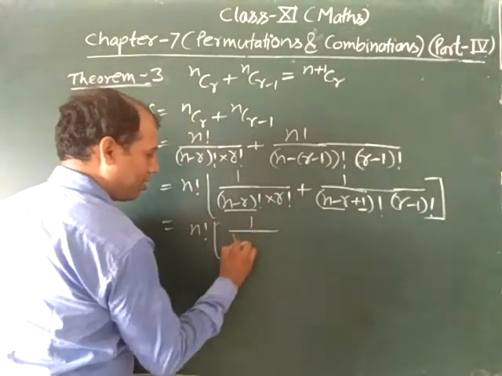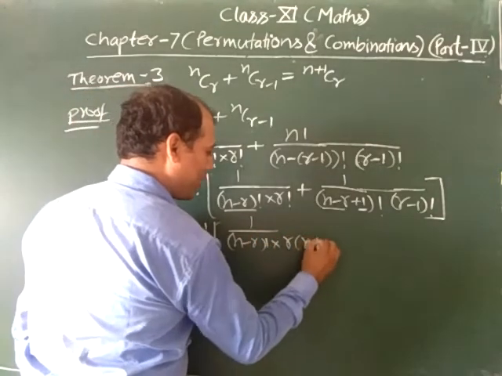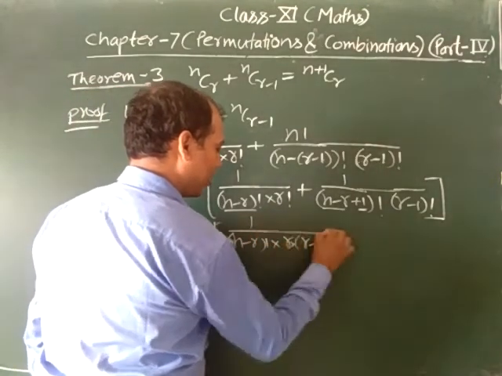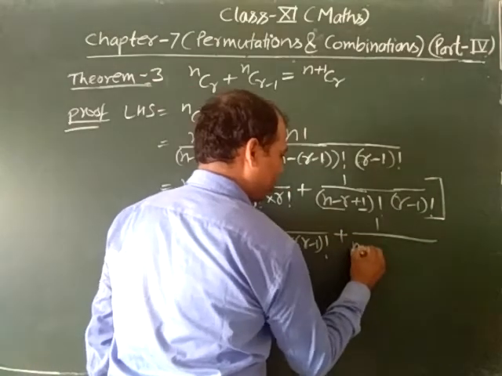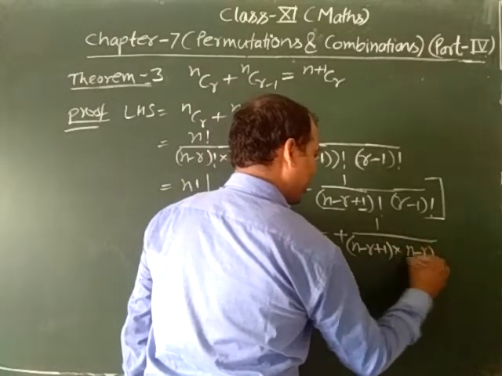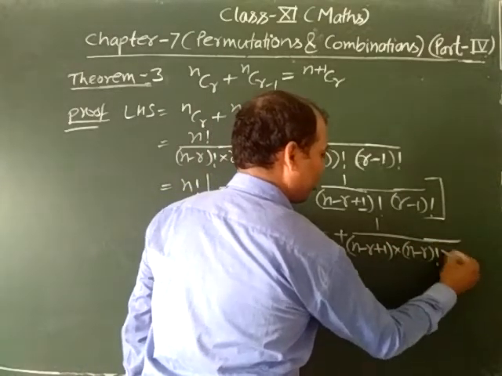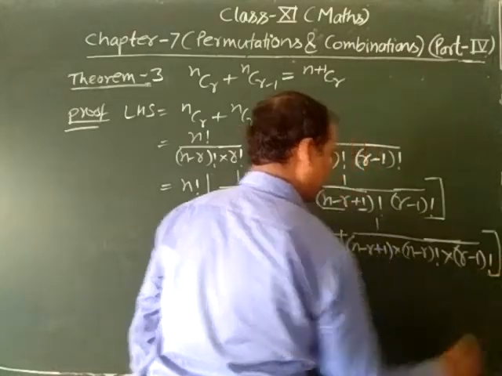Then we get n minus r factorial into r minus 1 factorial plus 1 upon n minus r plus 1 into n minus r factorial into r minus 1 factorial.